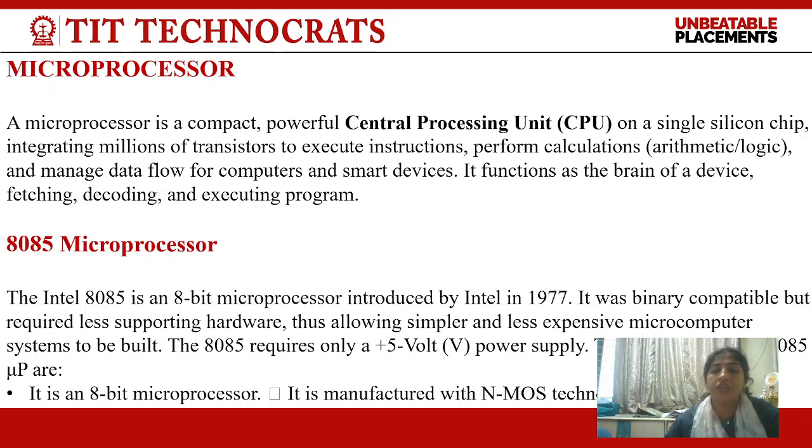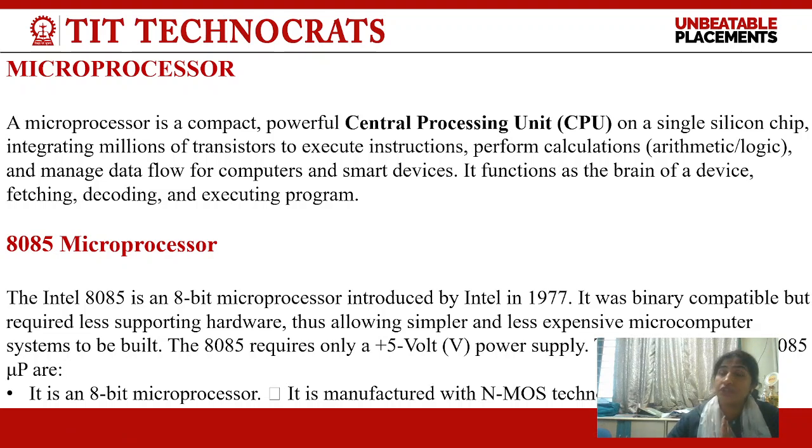You need to connect with the other components also, thus allowing a simpler, less expensive microcomputer system to be built. The voltage requirement of the 8085 microprocessor is only a 5 volt power supply. The main feature of the microprocessor is that it is an 8-bit microprocessor, and it was manufactured in NMOS technology.